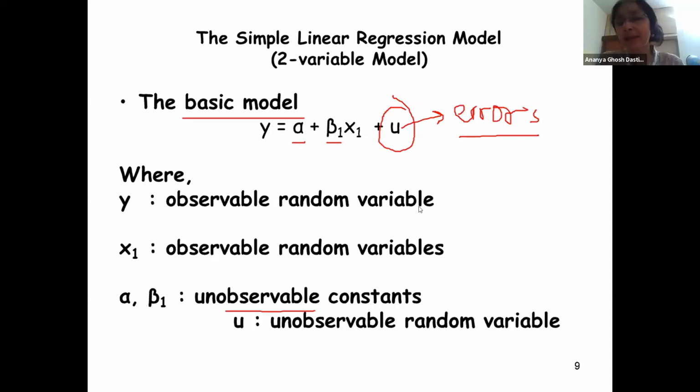Let me talk about this in the context of the wage education example. Even when I talk about a person with exactly 10 years of education, I'm going to see that everybody in a collection of, let's say, 30 people who have 10 years of education are going to be earning different wages.